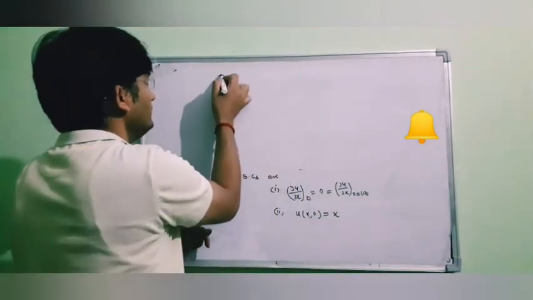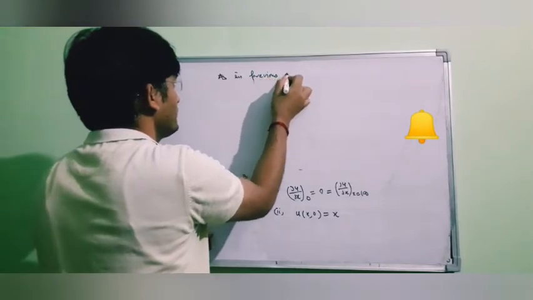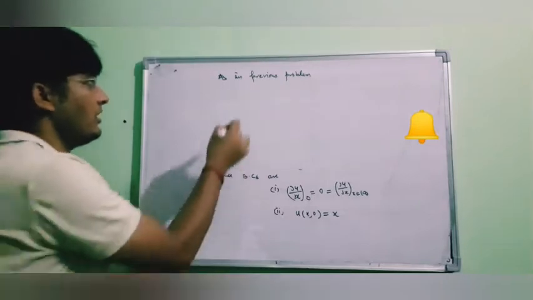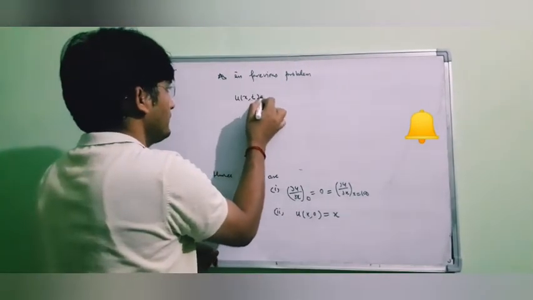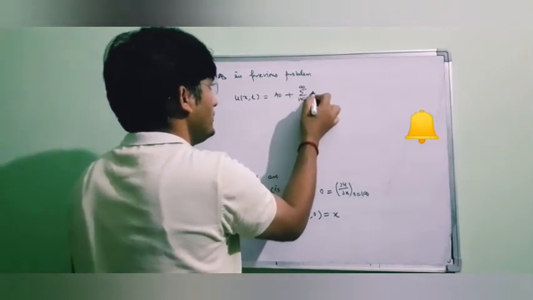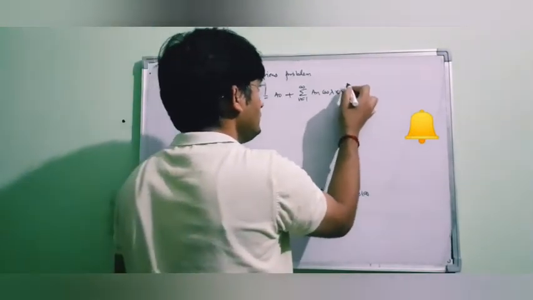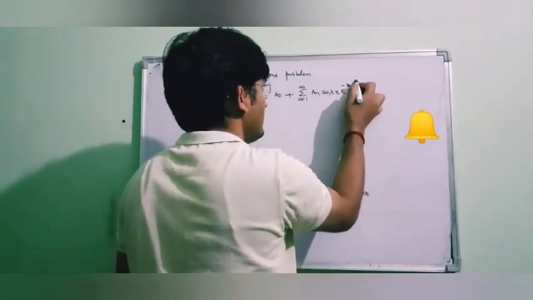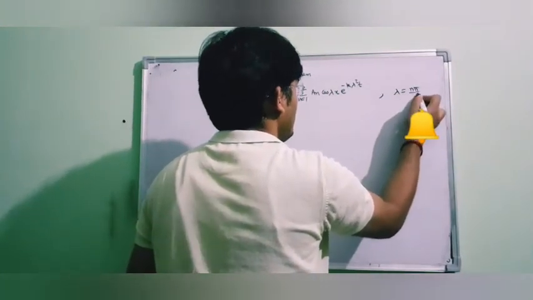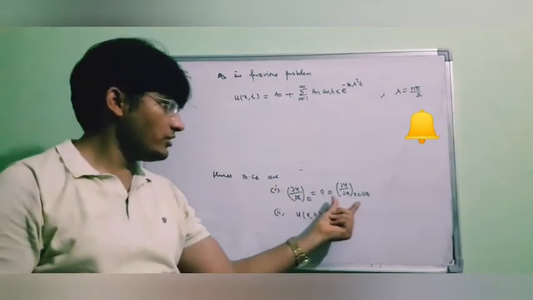As in our previous problem, our u(x,t) will be A naught plus the sum from n equal to 1 to infinity of An cos lambda x into e to the power minus k lambda square t, where lambda is n pi upon L. This was the solution in the previous question with the help of these two boundary conditions.